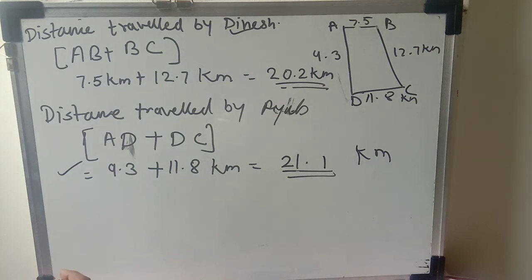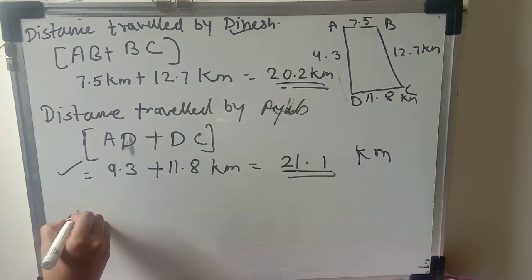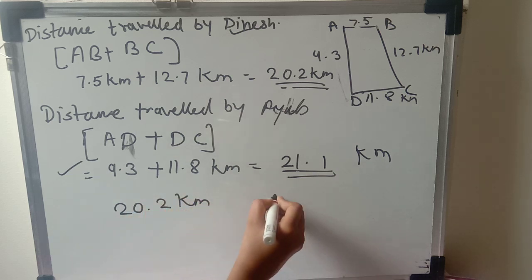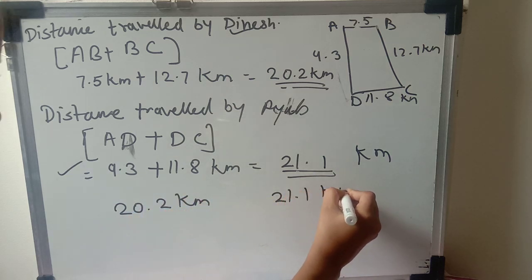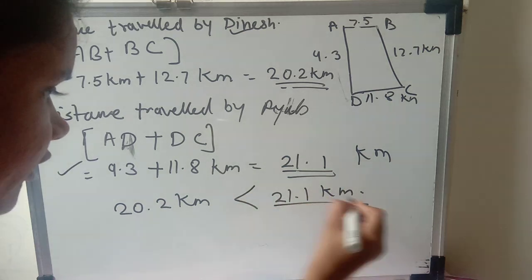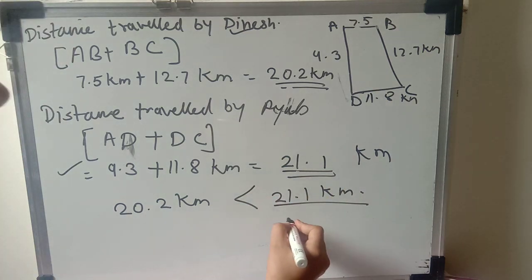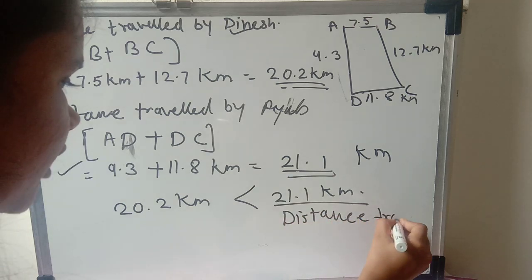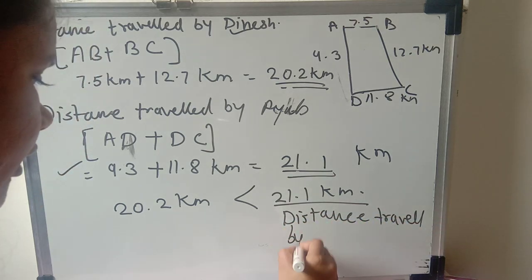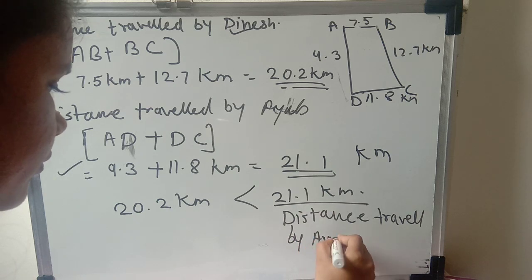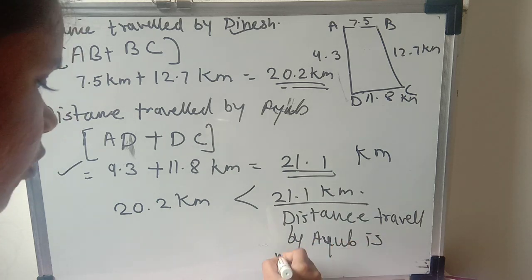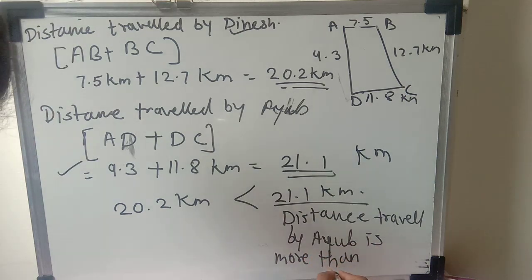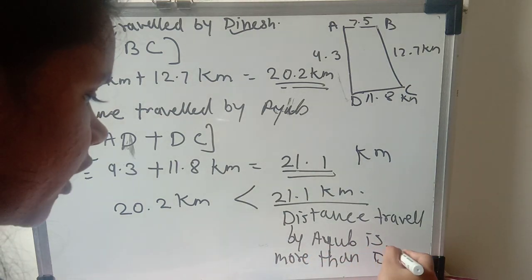So here we can say the distance traveled by Ayub is more than Dinesh. Okay, more than Dinesh.